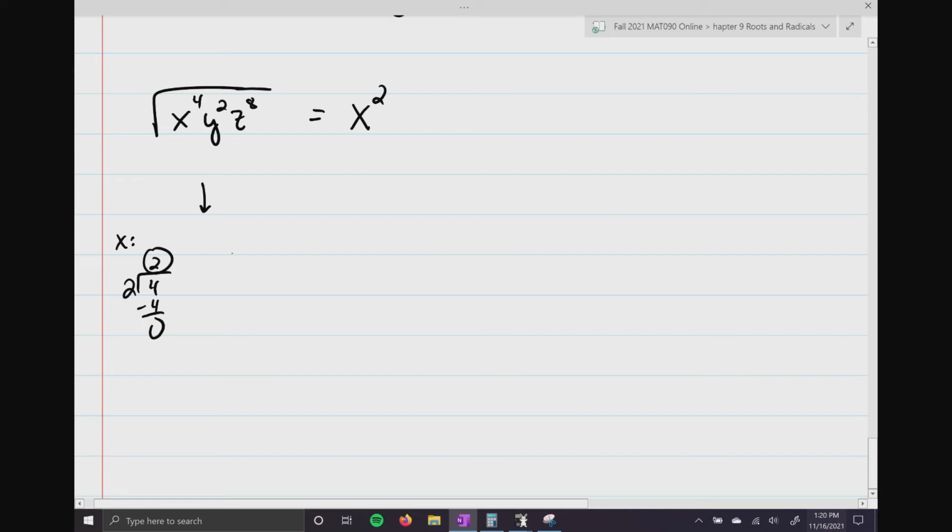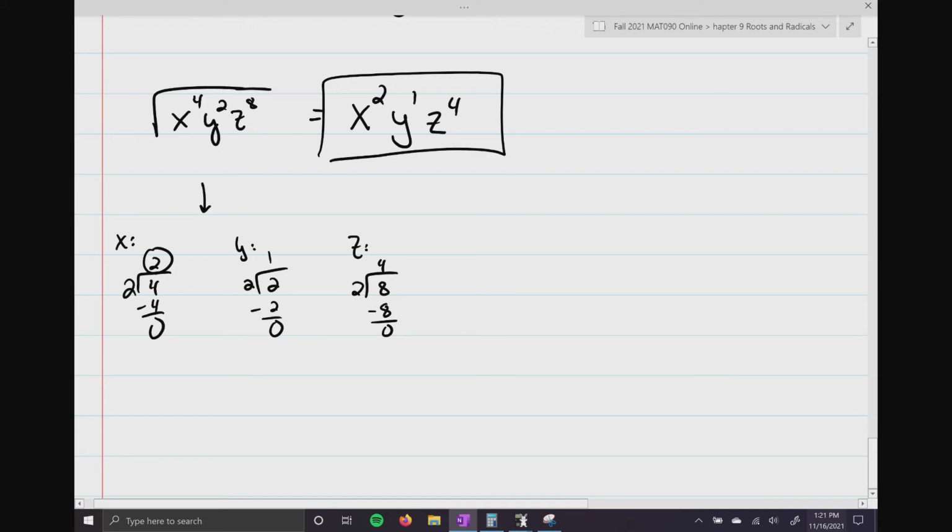Now we're going to do the y. 2 goes into 2 once. And now I'm going to do the z. 2 goes into 8 4 times. So the square root of x to the 4th, y to the 2nd, z to the 8th is x squared times y times z to the 4th.